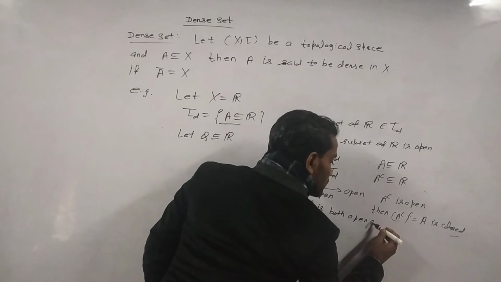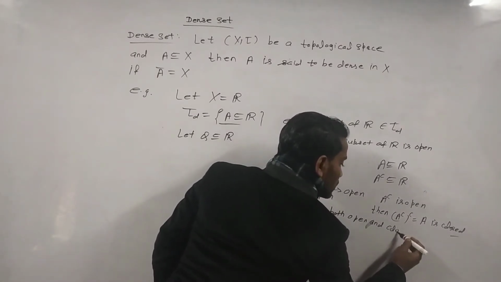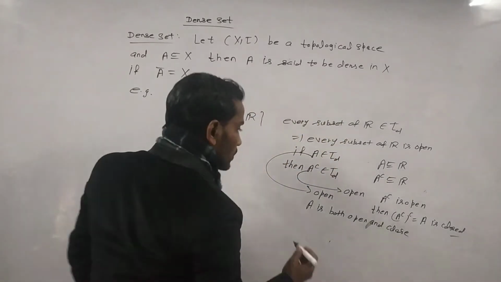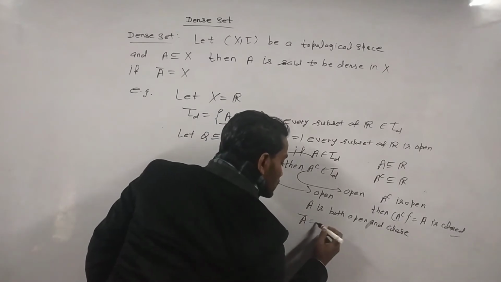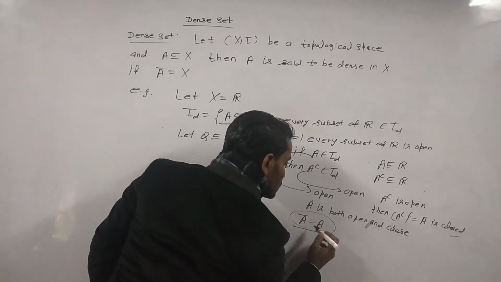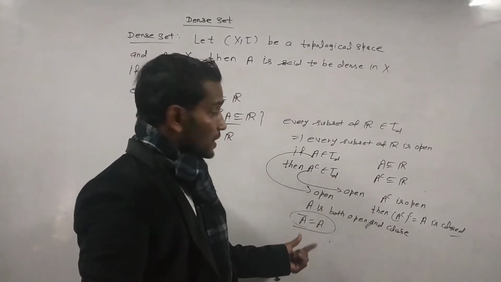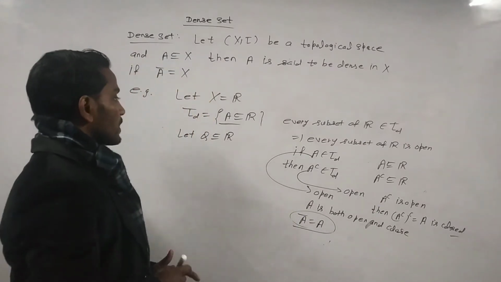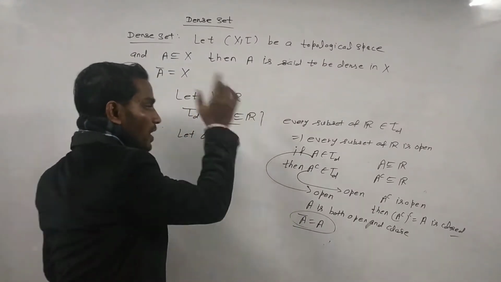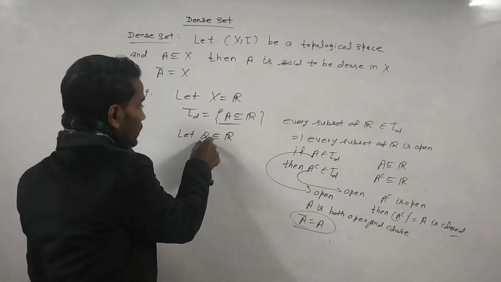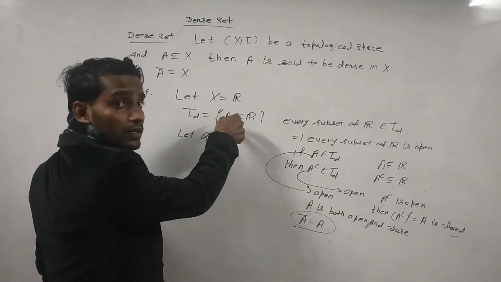And the closure of any closed set is equal to itself. Here we can say if Q is any subset of R, then Q belongs to tau D.